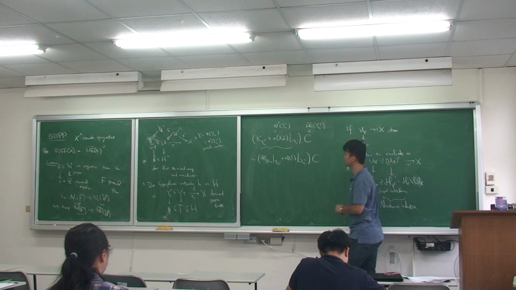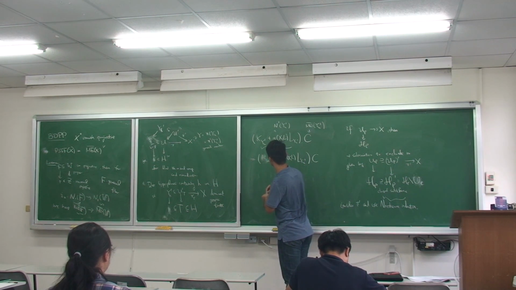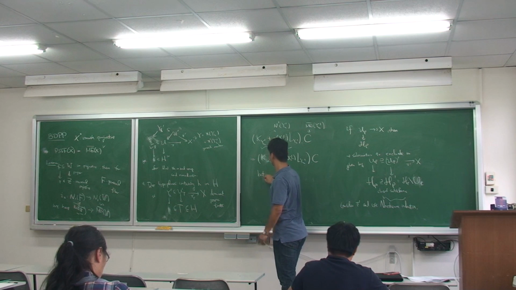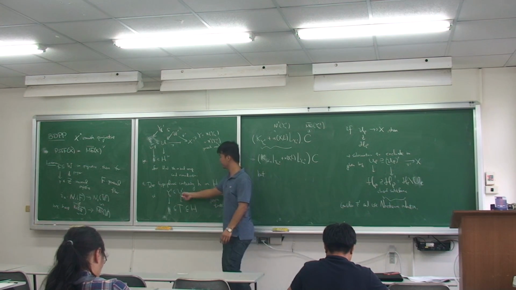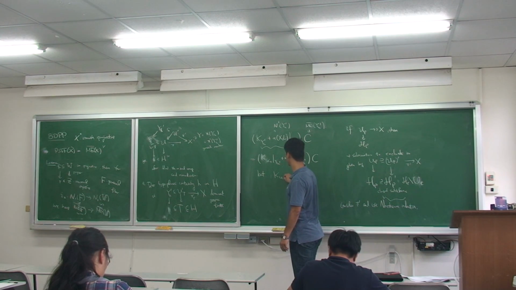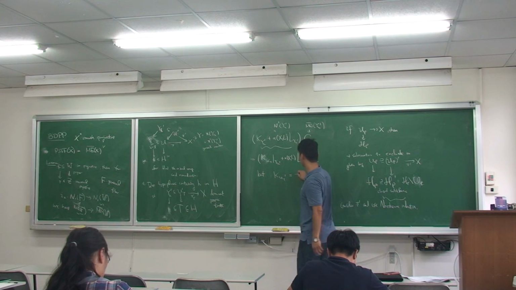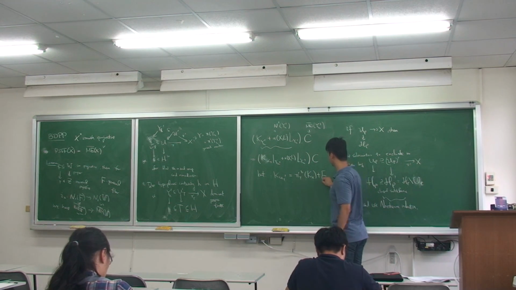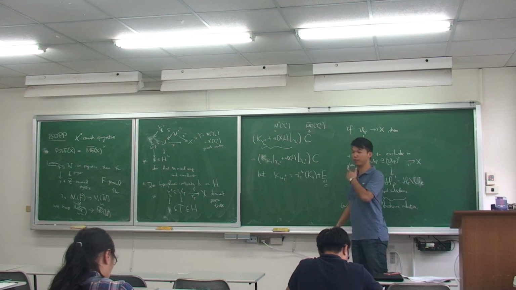Right? But this is a generic finite family. X is smooth, so we have K_U_T' is actually the pullback of K_X plus some effective divisor. This is the effective ramification divisor.